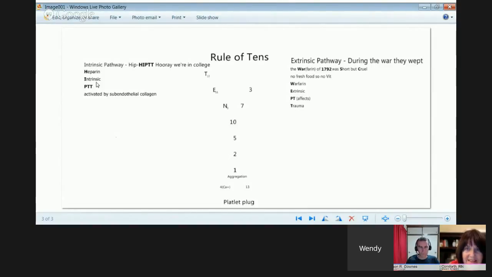But I wanted to point out that heparin affects specifically factors 2 and 10.